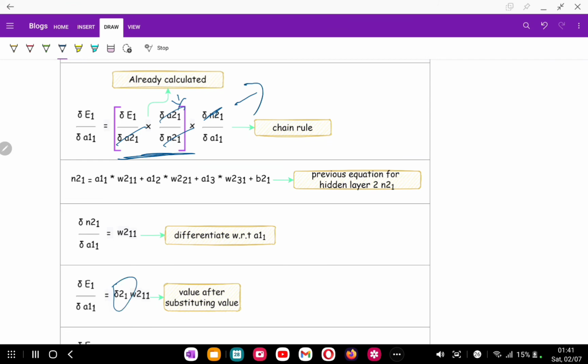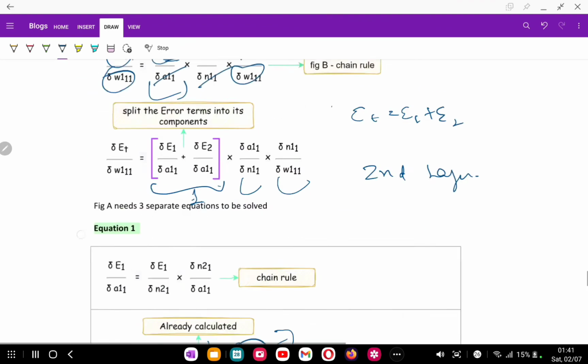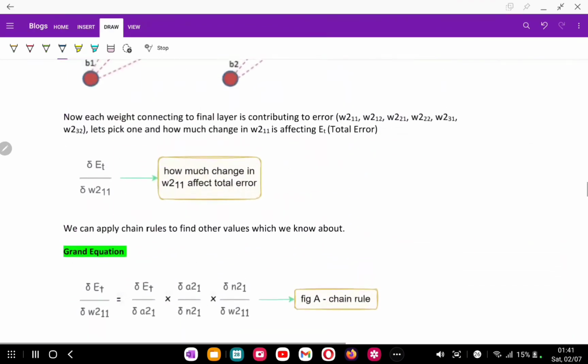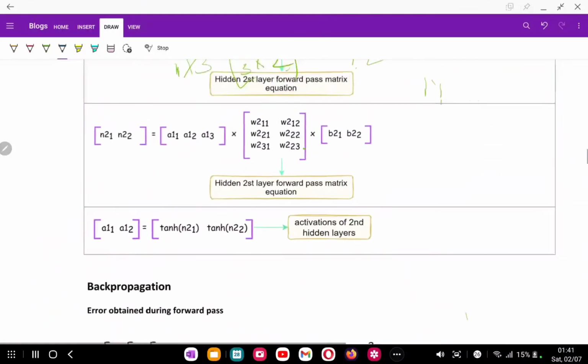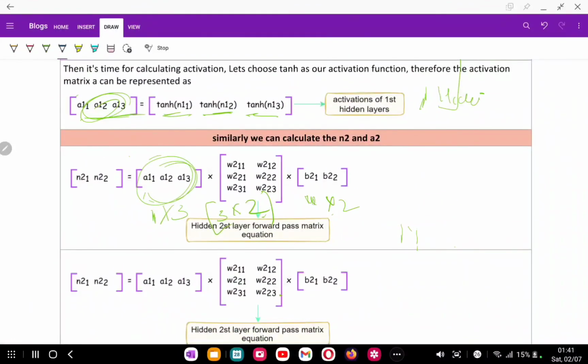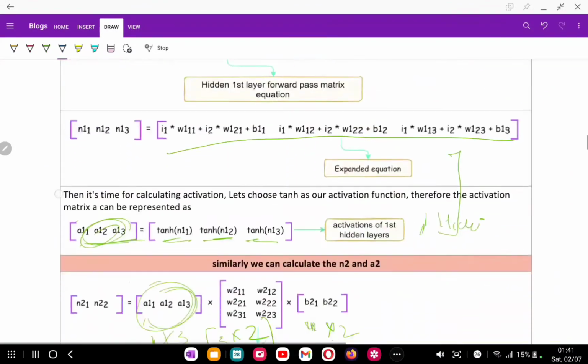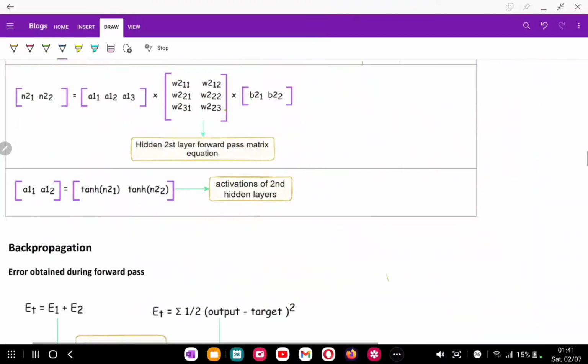Now we need to calculate N21 with respect to A11. N21's equation is here. It's the same equation we have obtained during forward propagation. Like all the matrix equations are here. So we just plug and play the value, right?